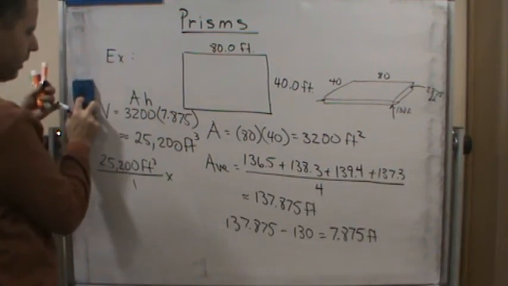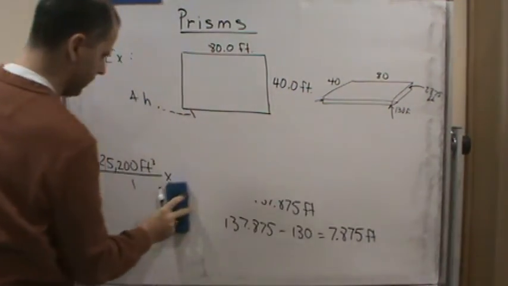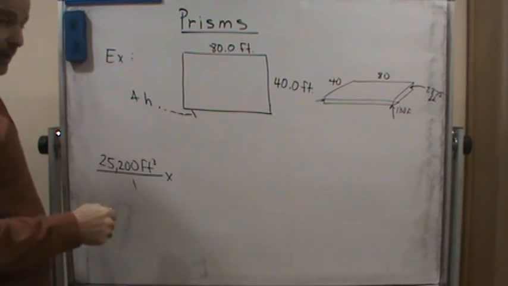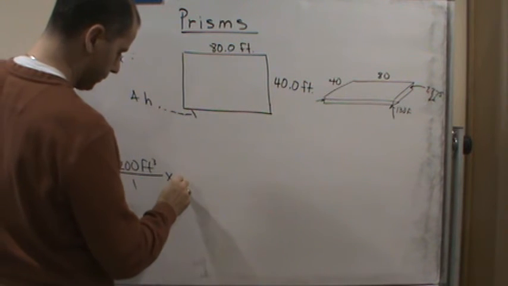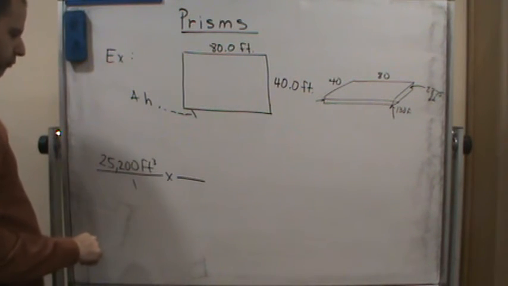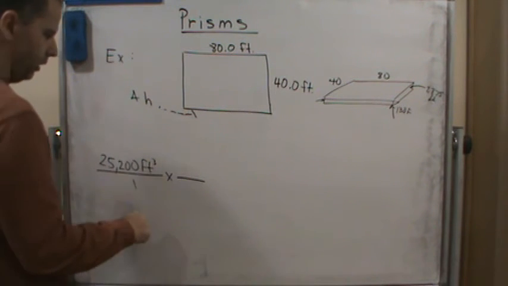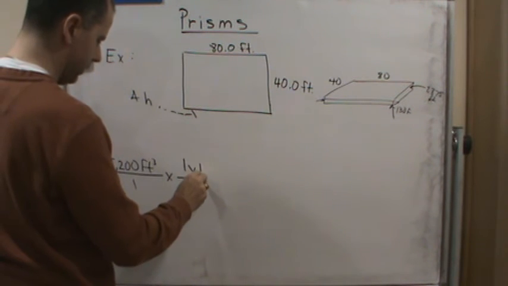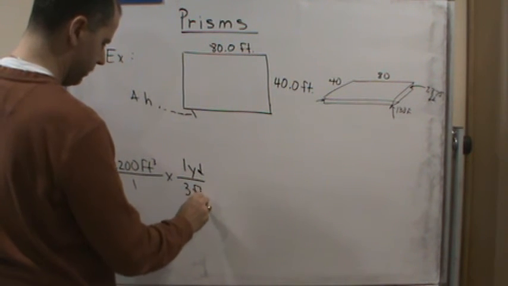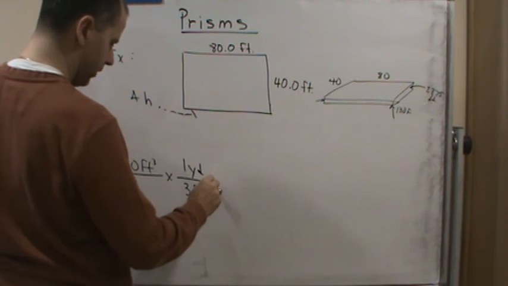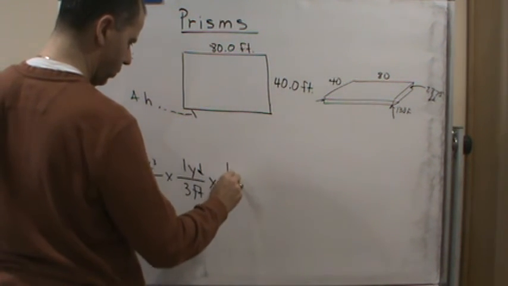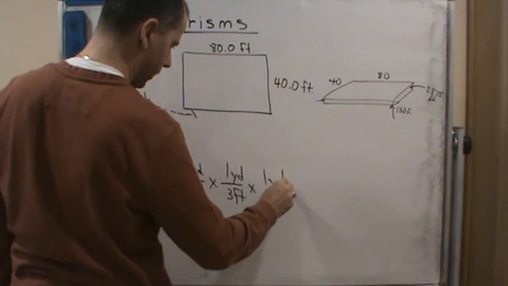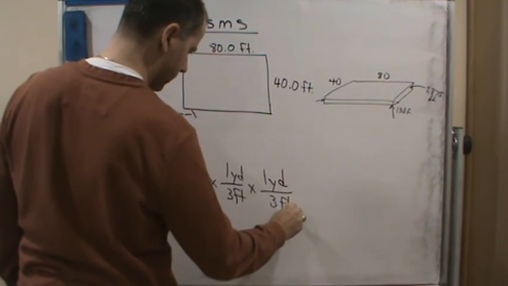What are our conversion factors? Well, how many feet are in a yard? 3. So 1 yard is equal to 3 feet, and then you can do it again: times 1 yard to 3 feet, times 1 yard to 3 feet.